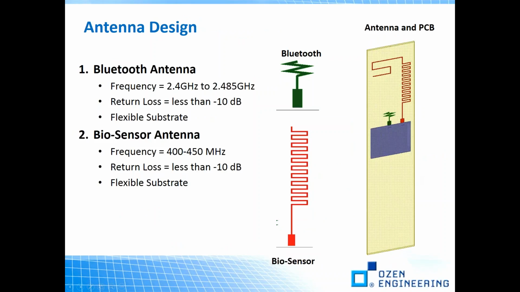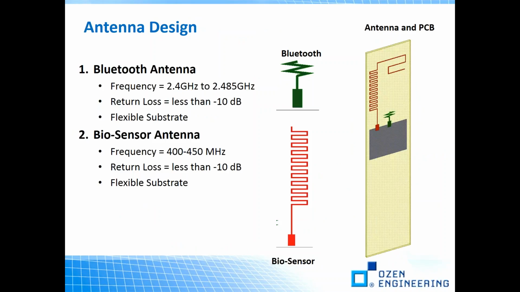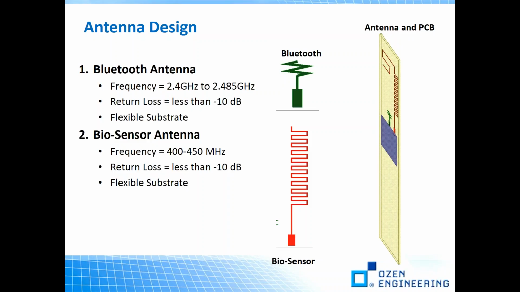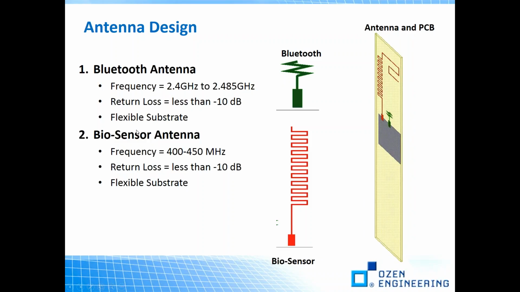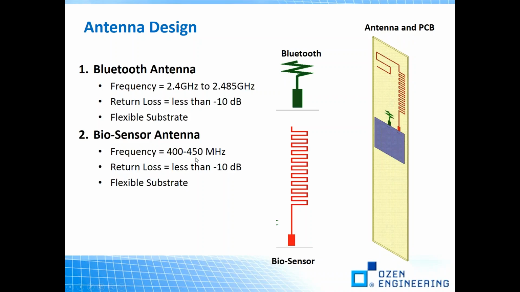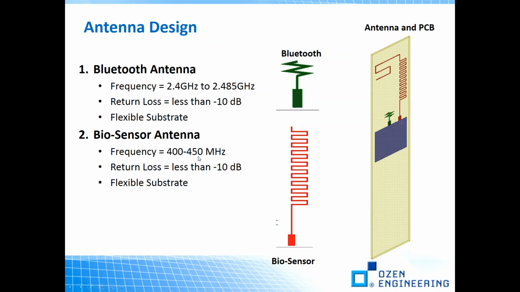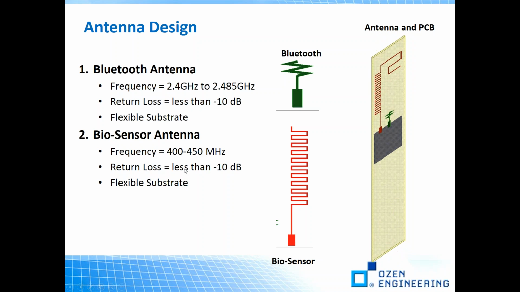So here we have this device, this wearable watch, and this smart watch is supposed to have a Bluetooth antenna operating at 2.4 GHz and also a biosensor antenna operating at 400 to 450 megahertz. So the first step would be designing the antenna on a PCB in free space.